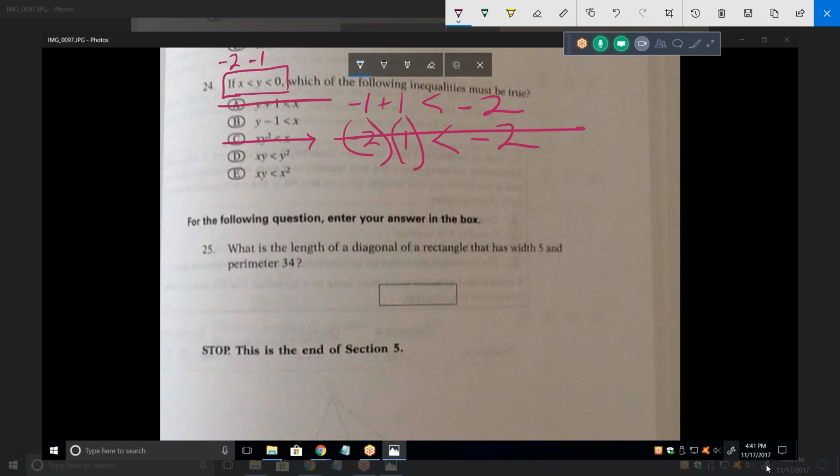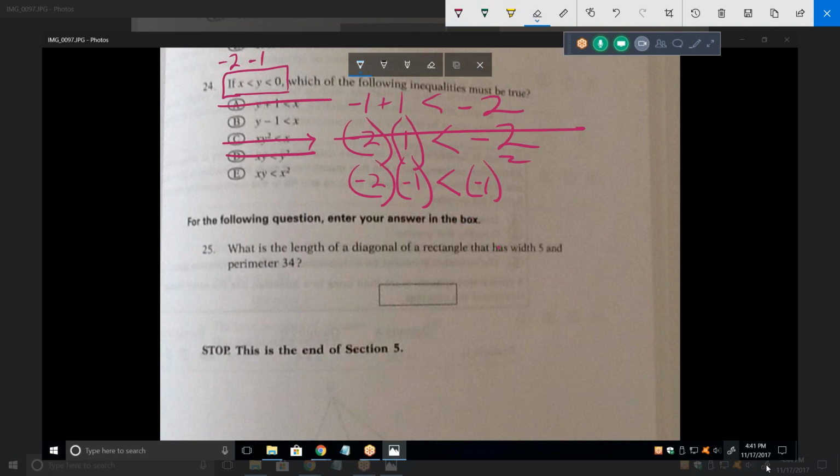So let's try D. That's -2 times -1, and that is not less than -1 squared, because that would mean 2 is less than 1, and it's not. So the answer is E.